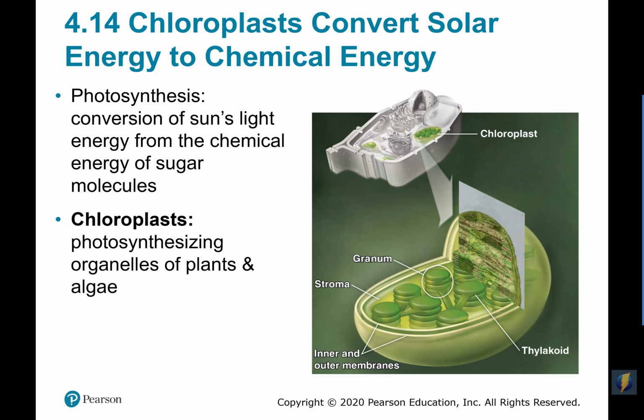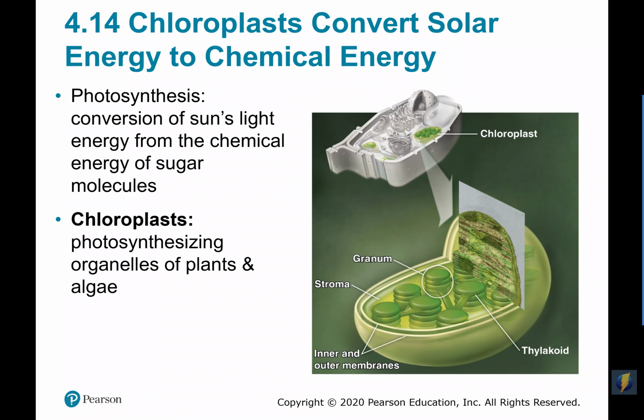The other energy-converting organelle is found only in the plants and the algae, so not in animal cells. It is known as the chloroplast. Its job is photosynthesis, which is the conversion of the energy from the sun into chemical energy in the form of sugar molecules. So plants and algae get to make their own food.